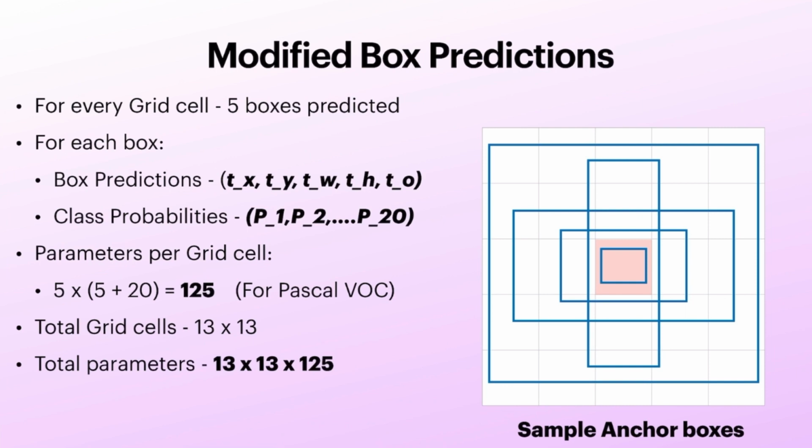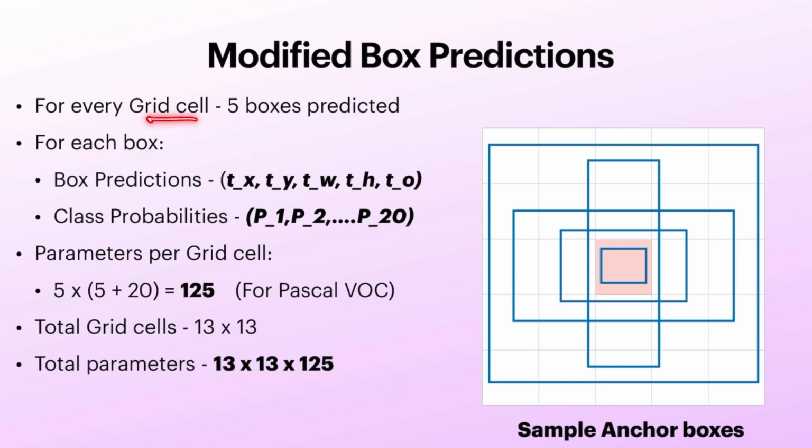So to get the overall picture, for every grid cell we are considering 5 anchor boxes. And for every box, we are predicting 5 values, which are X, Y, W, H, and the objectness score, and 20 class predictions, because it is the Pascal VOC dataset. Now that is a total of 25, right? So 25 values I am predicting for each box.